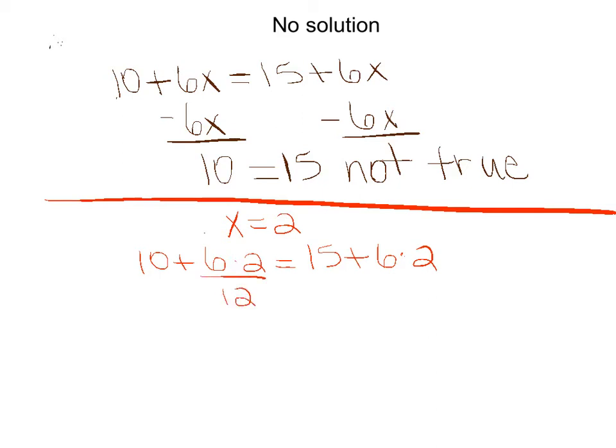I simplify my equation, and you will see that 22 does not equal 27. That is not a true statement, so there's no solution for this equation.